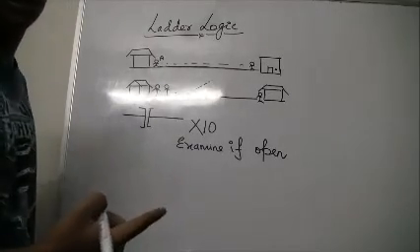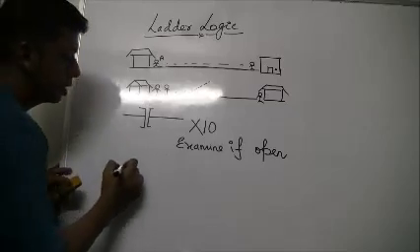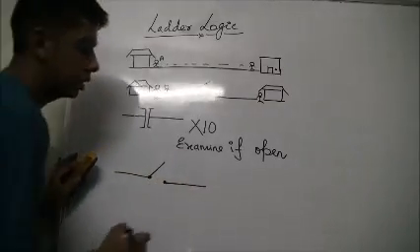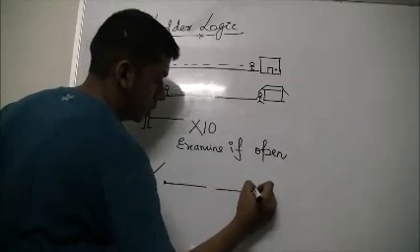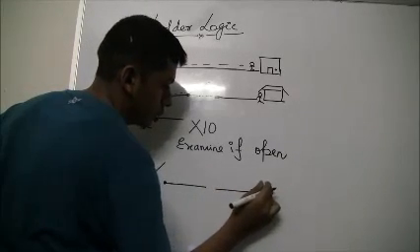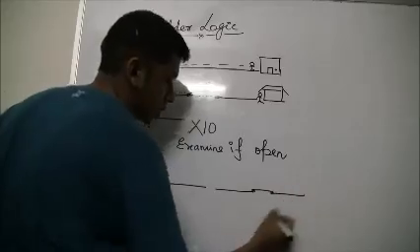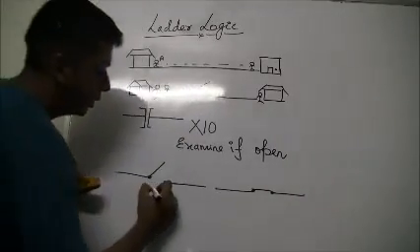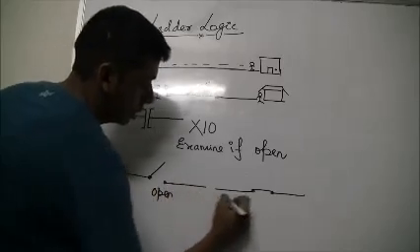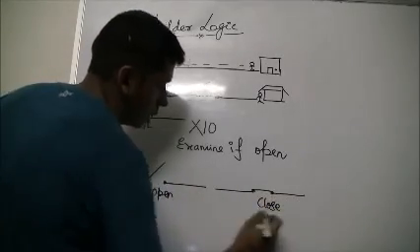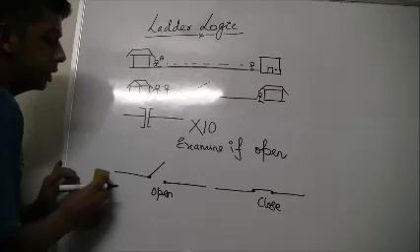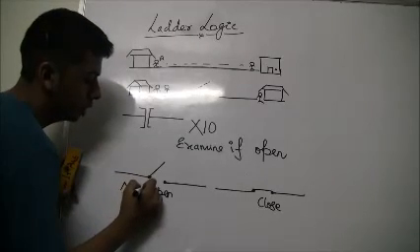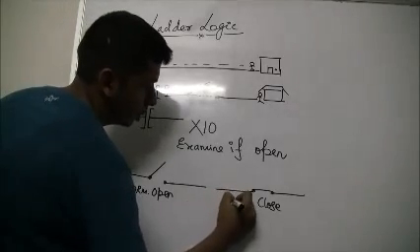Before we go for examine if open, let's talk about open and close. So this is an open switch, this is a closed switch. Now, this brings us to two more concepts, which are normally open and normally closed.